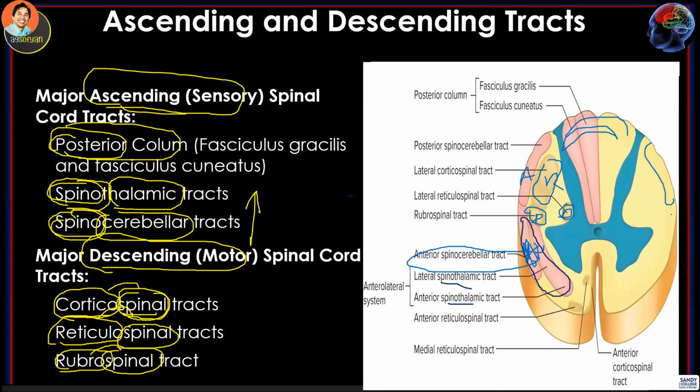So you're going to have this ascending tract, and there will be a descending tract over here, reticulospinal, rubrospinal over here. And then the spinothalamic tract. So it's going to be a mirror between the left and the right side of the spinal cord. These are the tracts, which are the white matter.